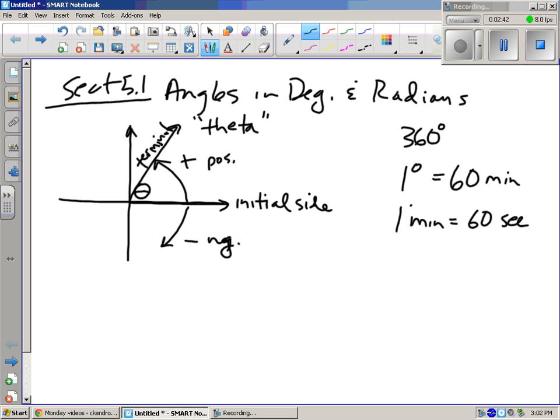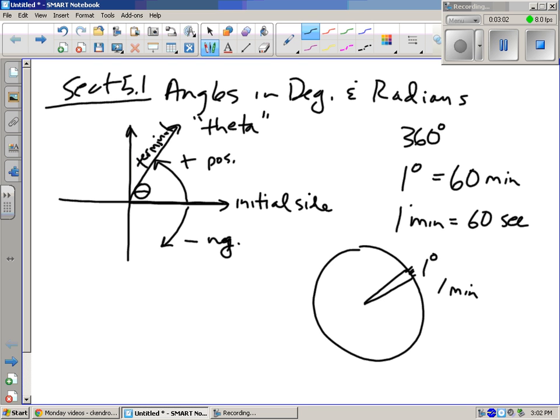Now think about that. If I have 1 degree, now I'm not going to be able to really draw it. Think of there's 360 of these going around that circle. And this is a little too wide, but just to show it. Think of breaking that into 60 little pieces. Each of those is 1 minute.